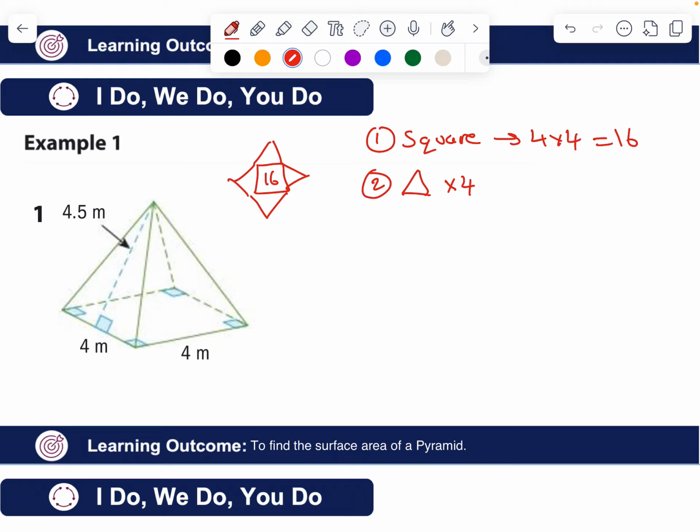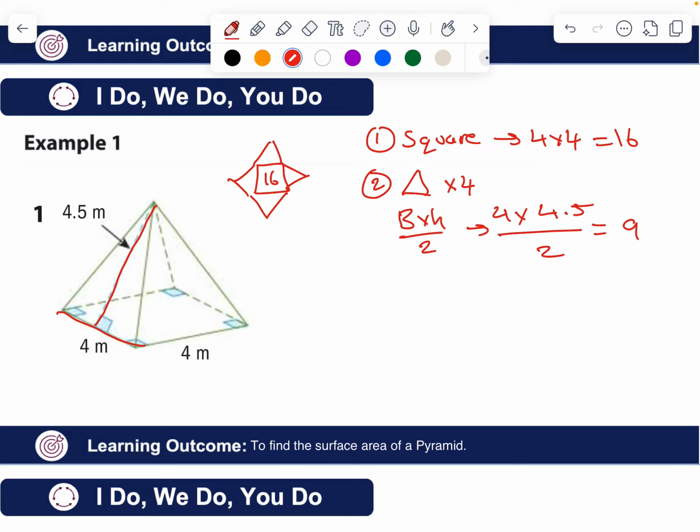So in this question, we know the area of the triangle is base times height over 2. The base of the triangle is 4. The question gives you the slanted height, which is the height of that triangle, 4.5, and then we just divide that by 2. So your answer for this one is 9.